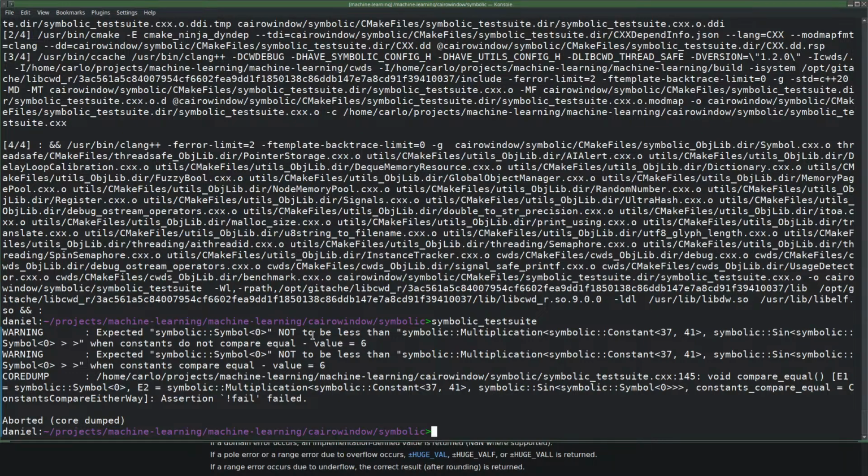Expected symbol 0 not to be less than the multiplication of a constant with the sinus. Value 6. It's a multiplication that begins with a constant, so we should be comparing it with that, but the symbol should always be, wait a minute, not less.